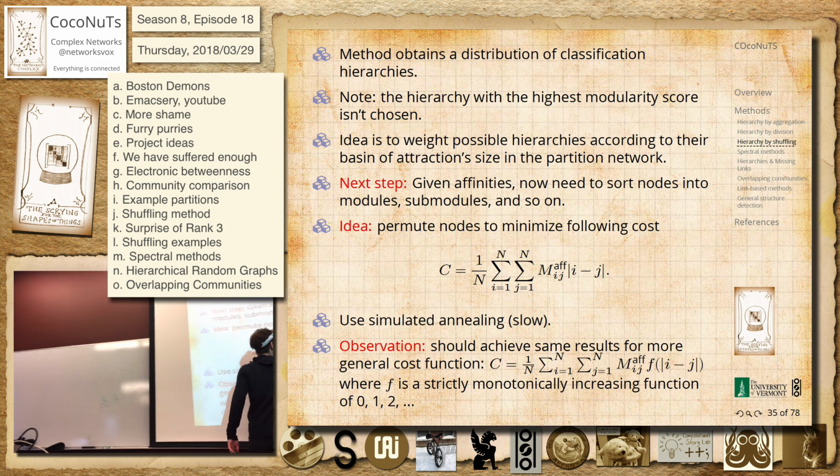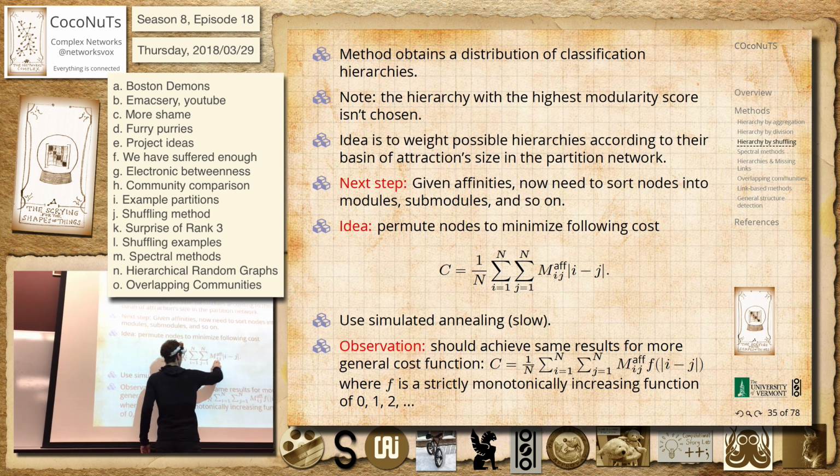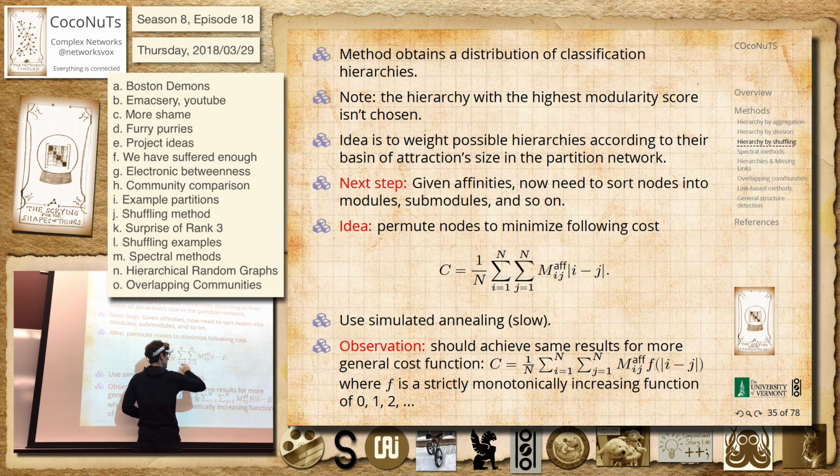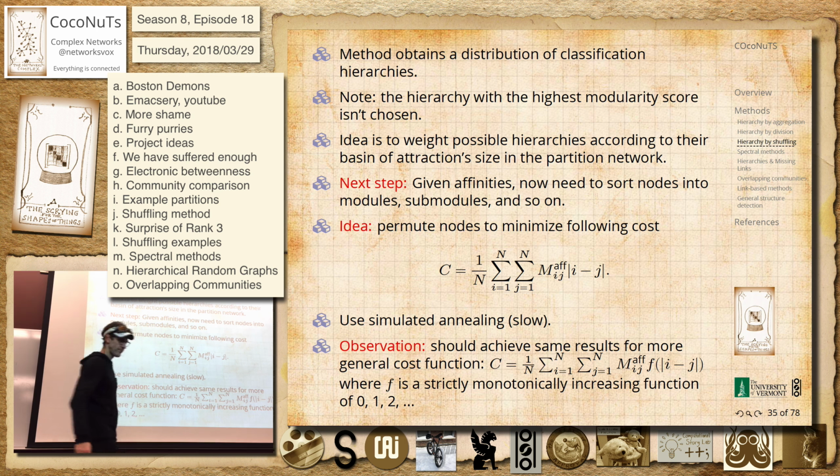This is how often they appear in the same group together, which is weird. It's not the adjacency matrix, right? This is some number between 0 and 1. So if i and j are always in the same group, this is going to be a 1. If they're never in the same group, this is going to be a 0. So now you want to shuffle the nodes so that nodes that have a high affinity are next to each other in your list of nodes.